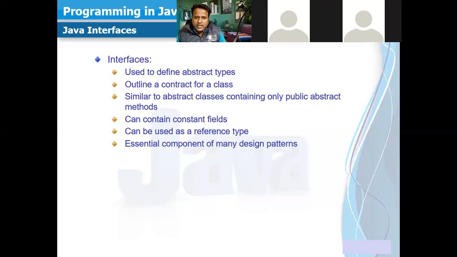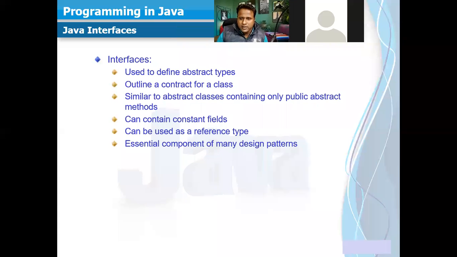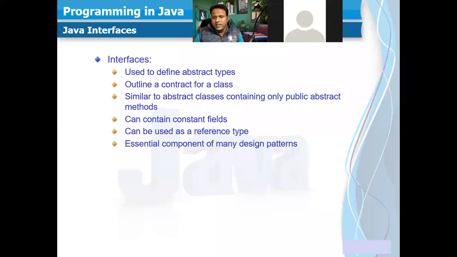When you are using a graphical user interface application, many unrelated classes have to be used. So it is an essential component of many design patterns. When we are using GUI applications, in those cases we use the interface.